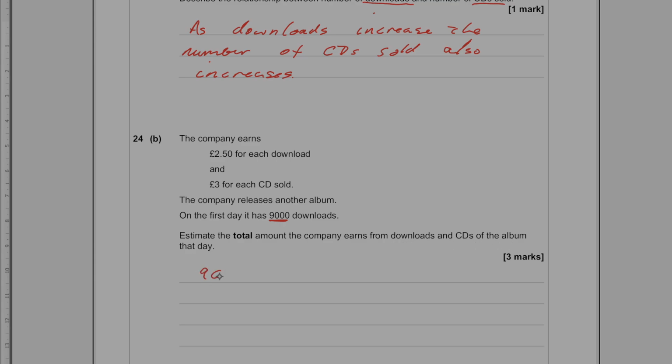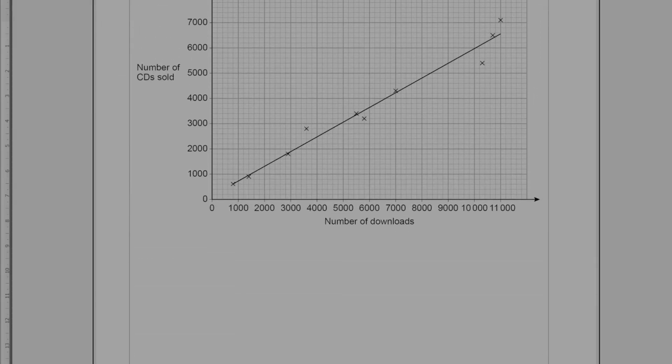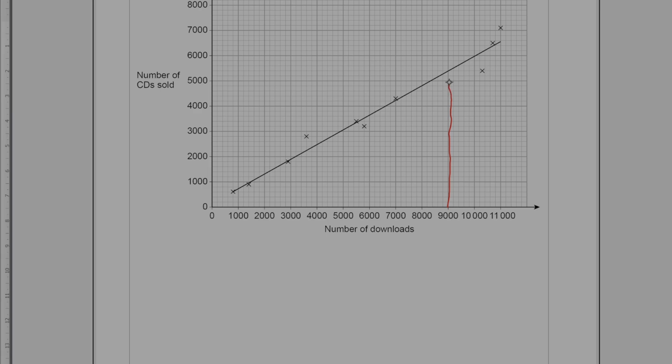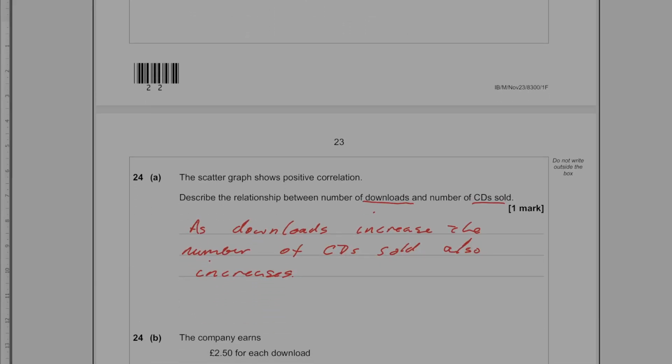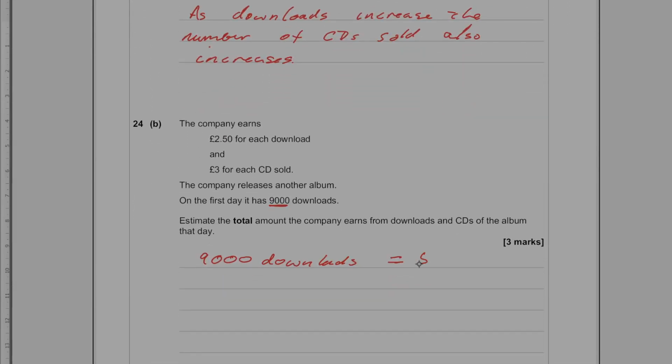So 900 downloads would imply 9,000 downloads, so we're going up, and 5,400 CDs. So estimate the total amount the company earns from downloads and CDs on the first day.